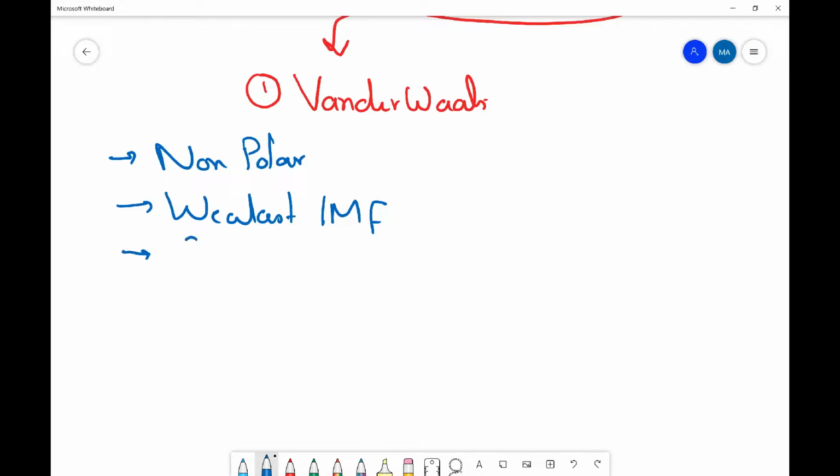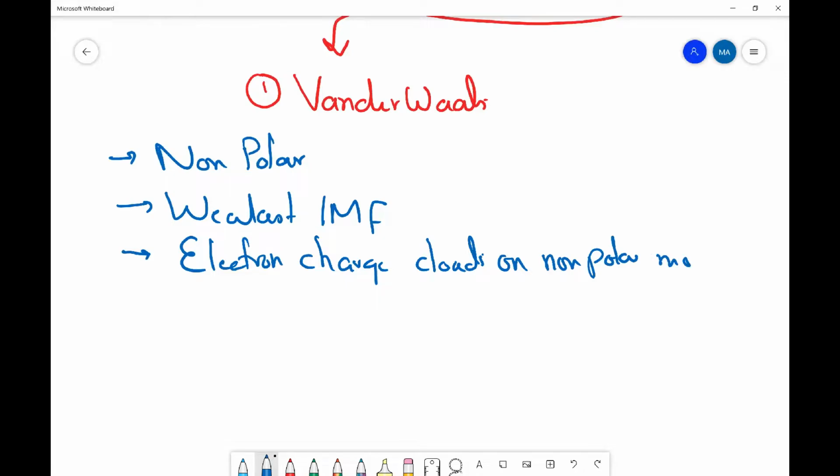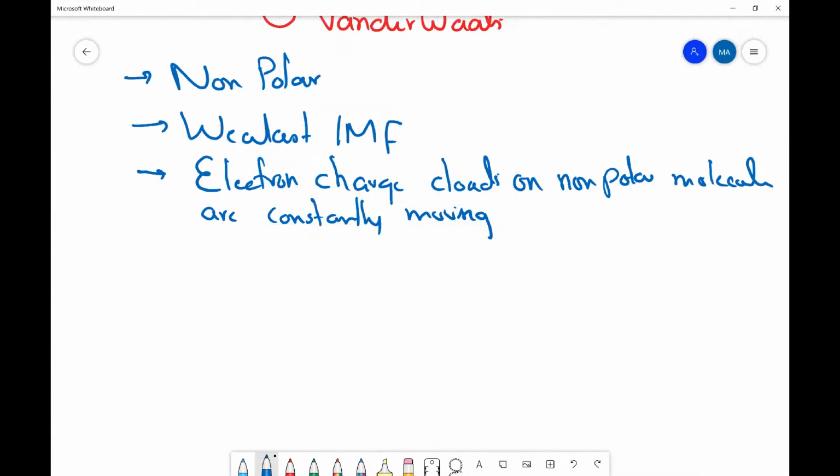So you can write that electron charge clouds on non-polar molecules are constantly moving. So what happens is that the electrons, when the molecules collide, the electrons move to a side on temporary basis.